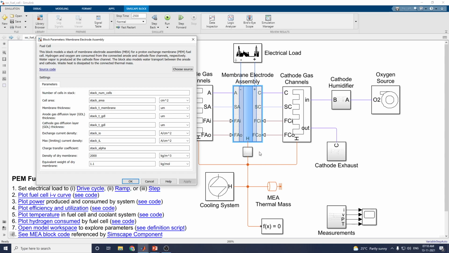The waste heat is dissipated to the thermal mass connected to this block. There is a MEA thermal mass block.